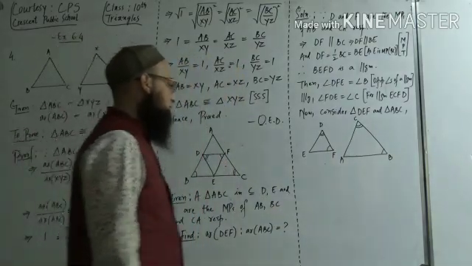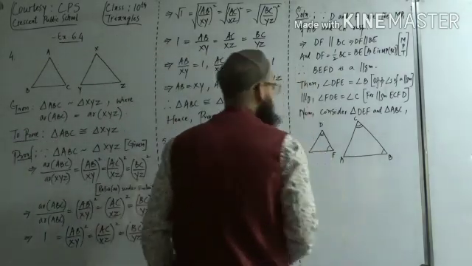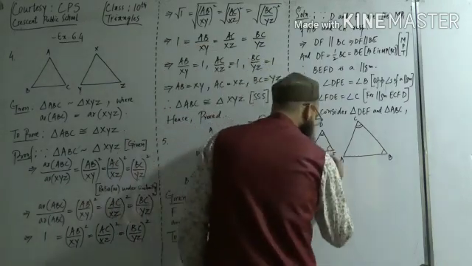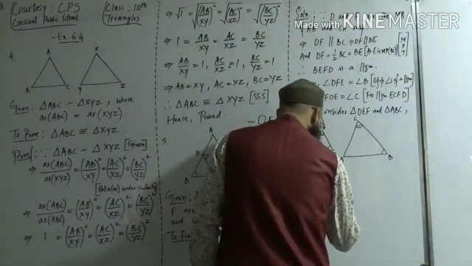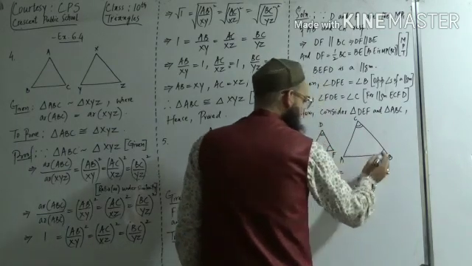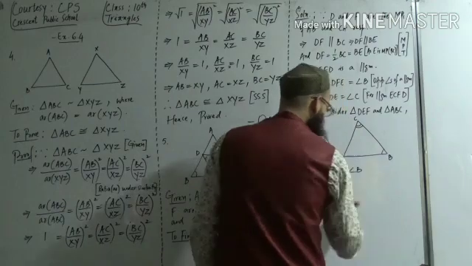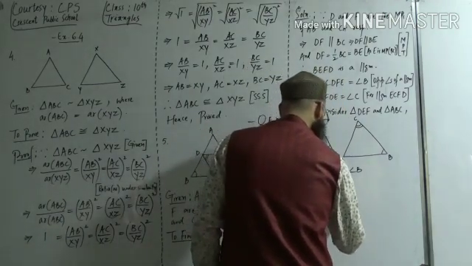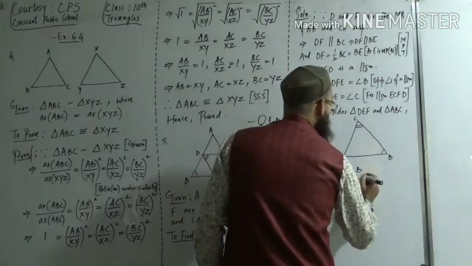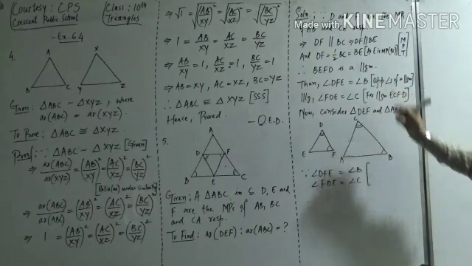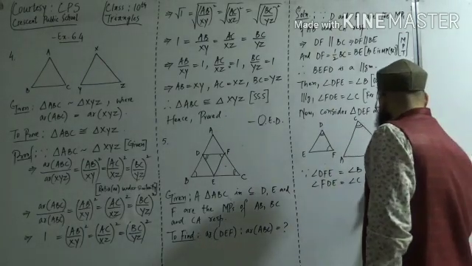Now consider these two triangles, so write down, since angle DFE is equal to angle B, and angle FDE is equal to angle C. Wherefrom you got these two? Prove it all.